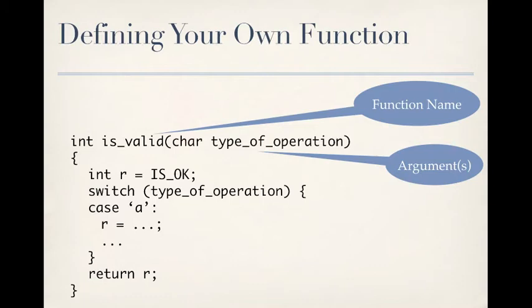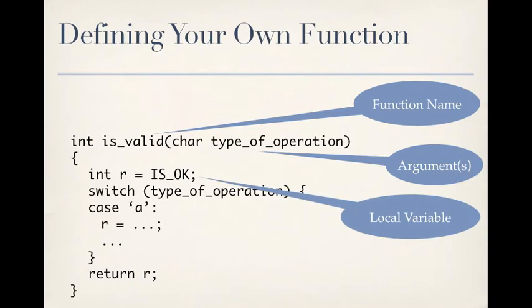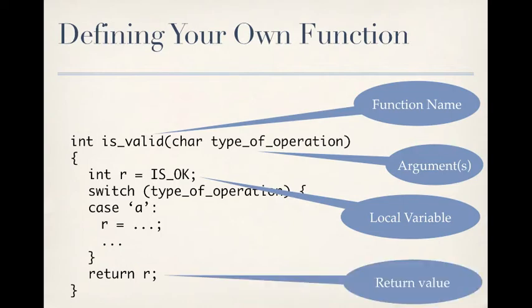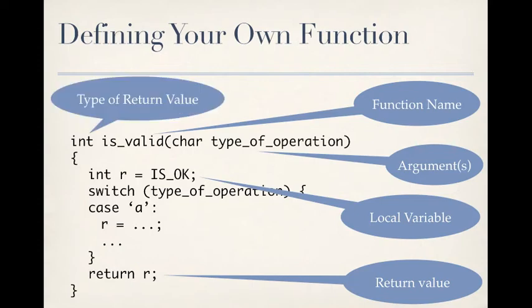Again, you know how to do that. We have a local variable r, which is only known and visible within this block here. We have a return value, so here we are returning the value of the variable r, and we have to return something because it's an integer, so it specifies that we are returning an integer type here.